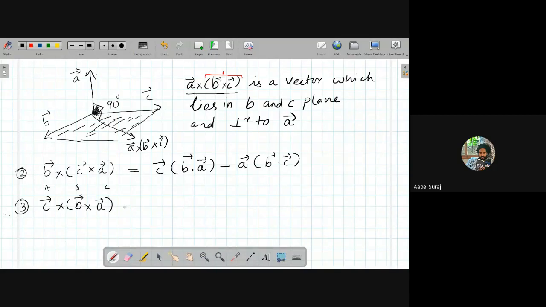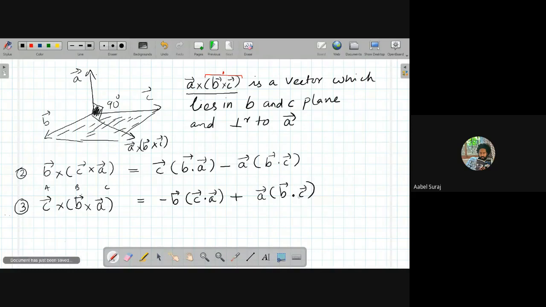So if you apply the BAC minus CAB rule, it will be like this: minus B into C dot A plus A into B dot C. So it will be like this, right?